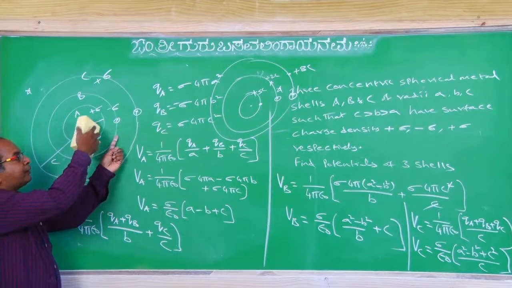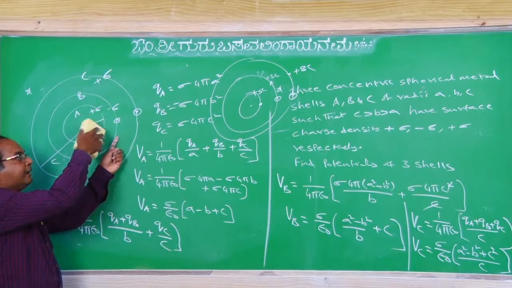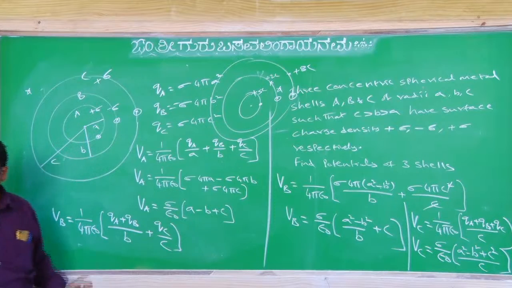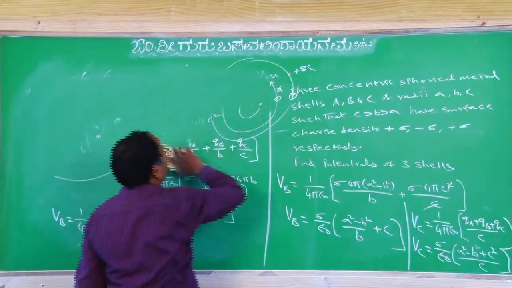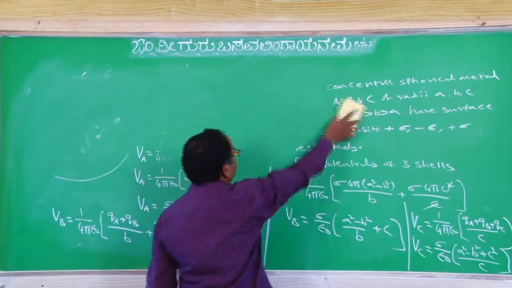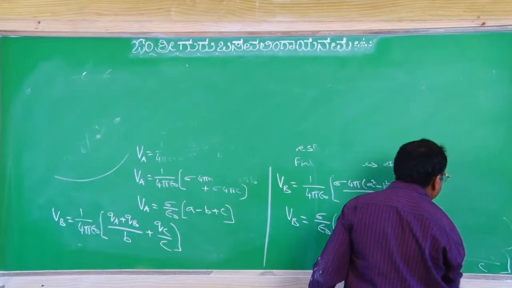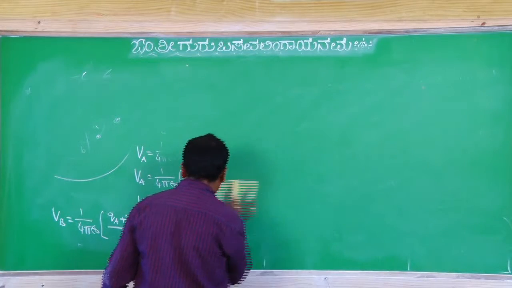Here means below some charge is there, so this charge plus this charge, QA plus QB divided by B. Here means QA plus QB plus QC divided by C. Understood? That one we should remember when you are calculating the potential at a given point regarding concentric spheres.